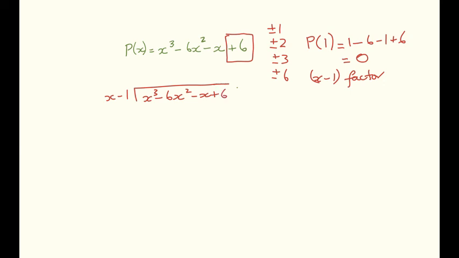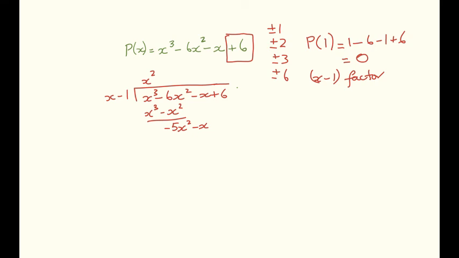So when I do this, x goes into x cubed, x squared times, multiply that down, I'll have x cubed minus x squared, minus 6x minus x squared will give me minus 5x squared. Bring down the next, which is that.